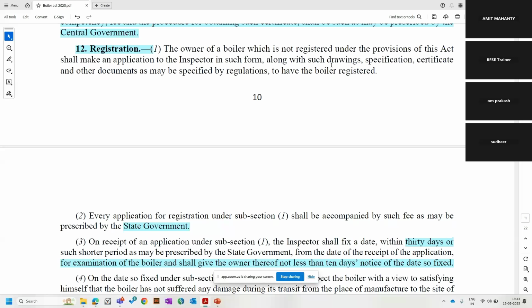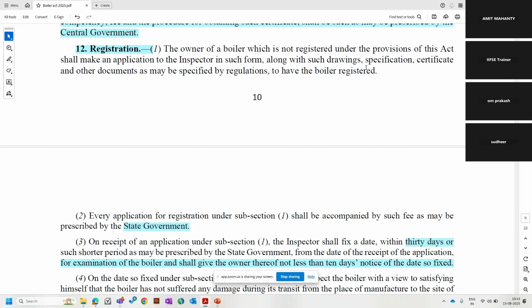So the owner of the boiler which is not registered under the provision of this act shall make an application to the inspector in such a form, along with such drawings, specification, certificate, and other documents as may be specified by the regulations to have a boiler registered. So we'll see the application forms in the end.